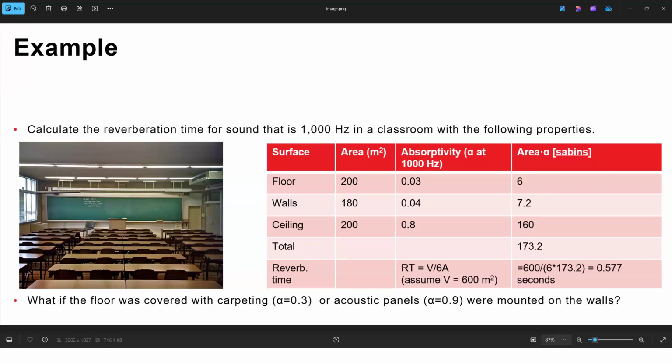The answer is at the bottom. So the first one is going to be a practice. Try not to look at it. And then once you do that, try to solve for the other two, the 0.3 and the 0.9. You are calculating the reverberation time for this room.